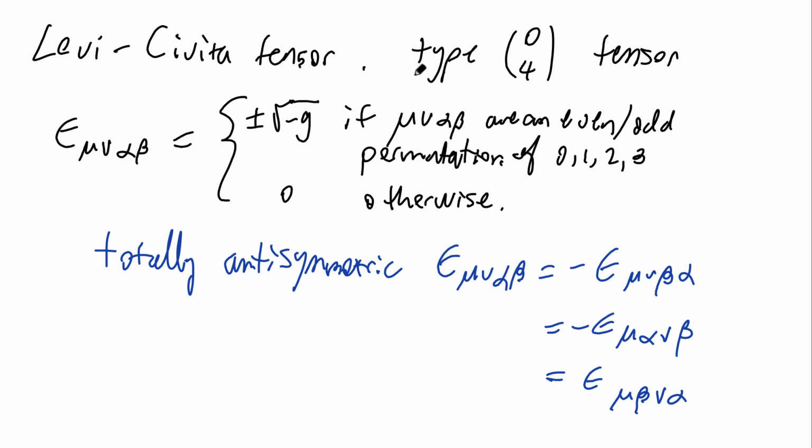So these are the components of the Levi-Civita tensor in some unbarred coordinate system. What are the components of this tensor in a barred coordinate system? Well, we can work that out explicitly.